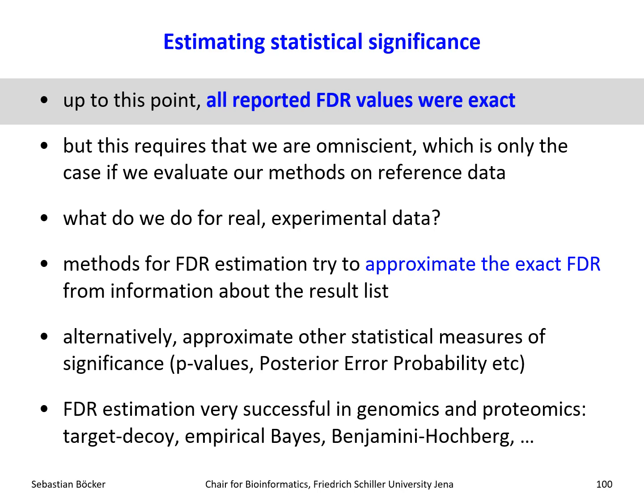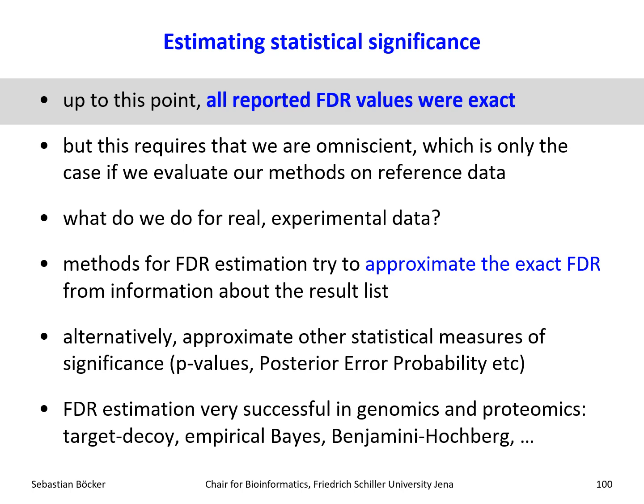So what does estimating statistical significance, estimating FDR, actually mean? It means that we try to approximate the exact FDR without being omniscient, without having all the information, without knowing which hits are correct and incorrect, which obviously in any biological experiment we don't know.